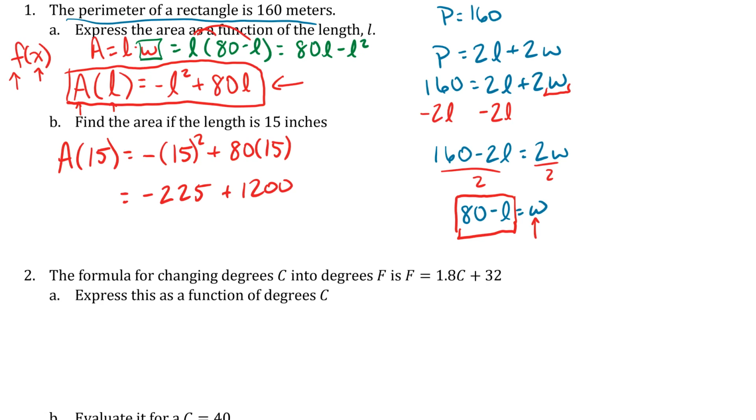Adding those up, we get 975. Remember, we're talking about area, so this would be meters squared. And there we go, we're done with number 1.